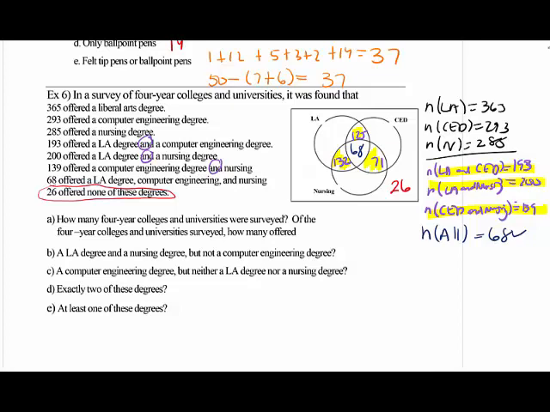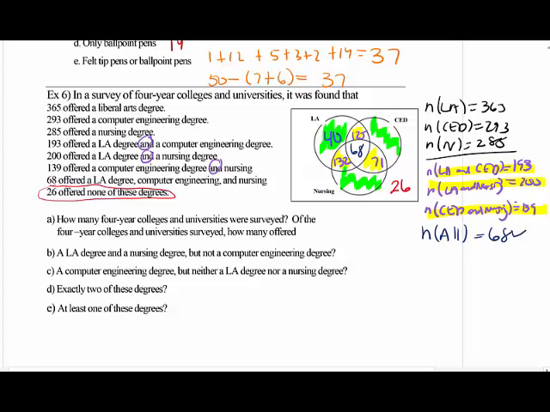Moving my way out, what's left over only in those regions. So again, now I'm going to be subtracting what's inside the circle for liberal arts from that 363. So I'm subtracting the 125, 68, 132, and we should get, in this case, an answer of 40.